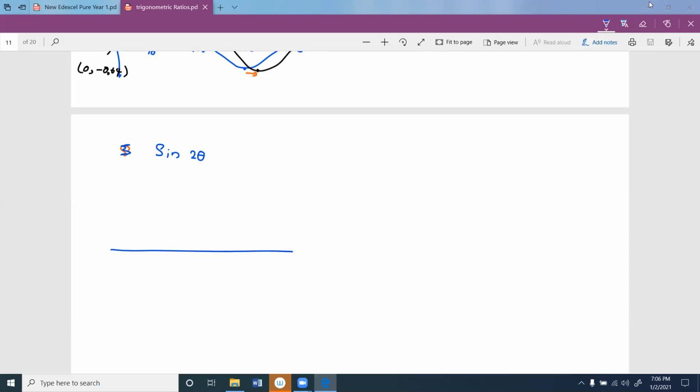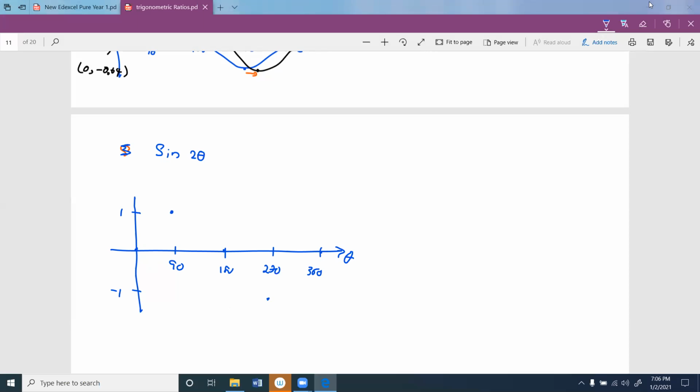There's no need to draw all the time, but if you're not familiar, you can just draw this and get it. It's 90, 180, 270, 360. This is theta and this is 1. Zero, 1, 180, minus 1, 0.